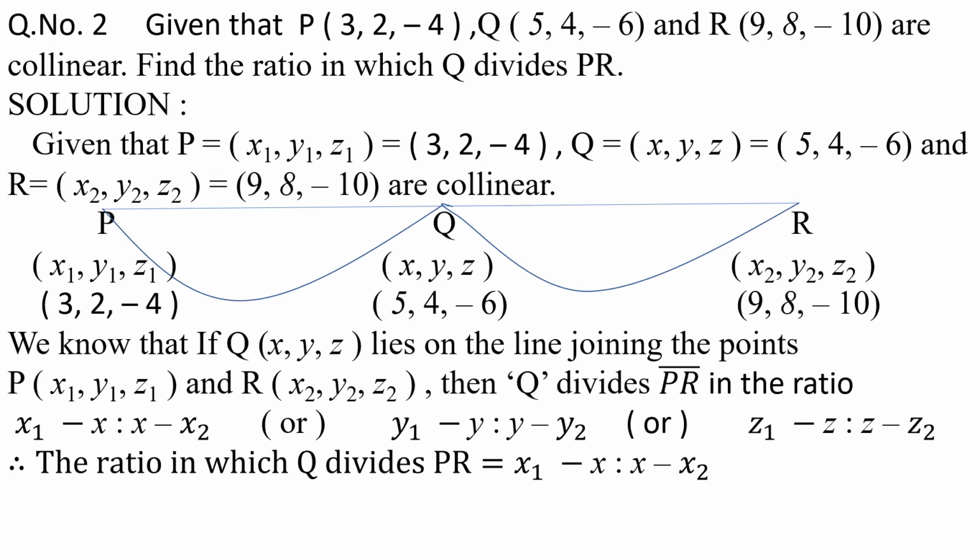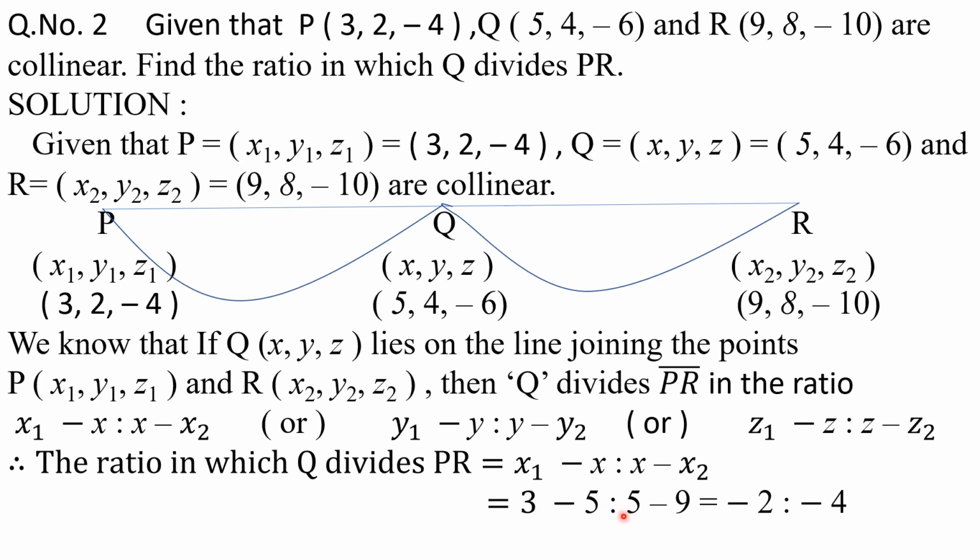So in this formula, we are substituting the values of x1, x and x2. See here, what is x1 here? 3. What is x here? 5. What is x2 here? 9. So we substitute these three values in this formula. So x1 means 3 minus x means 5 is 2. X means 5 minus x2 means 9. Understood this step, my dear children?